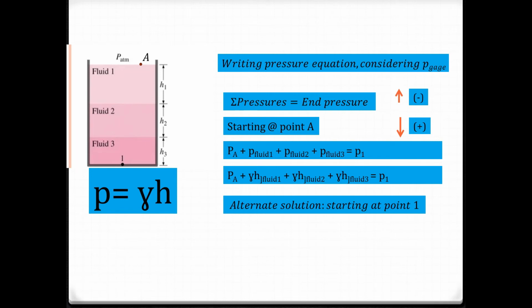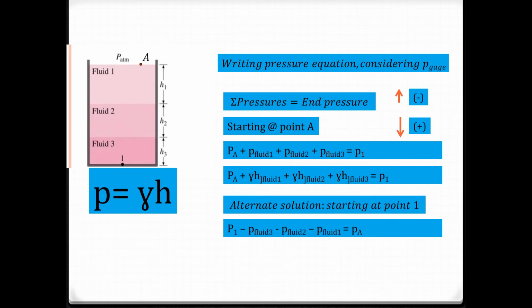As an alternate solution, let us start at point 1. Remember that we are now going upwards. So the first pressure to be written is P1. We go up and then we subtract the pressure of fluid 3 since we are going upwards.